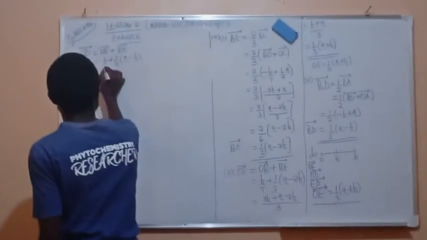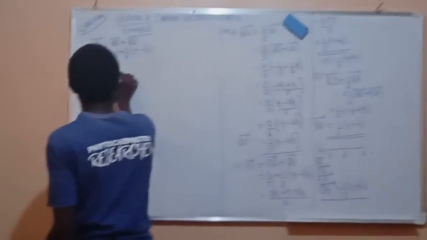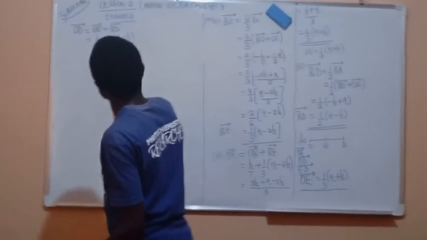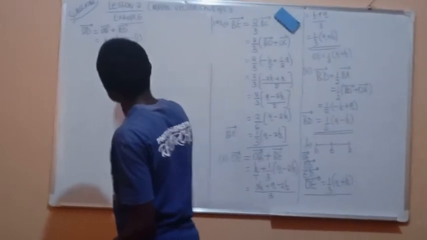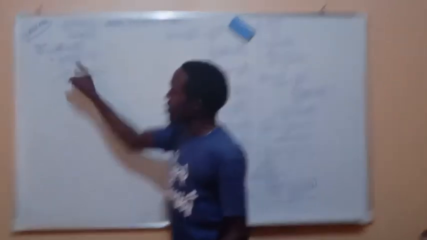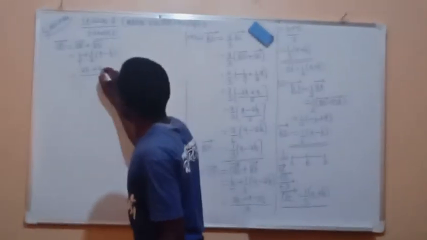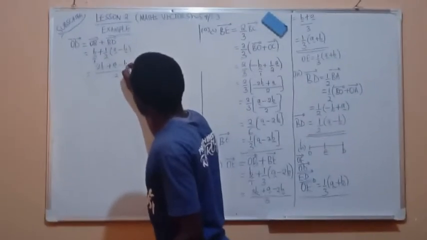Here I can take the LCM, which would be 2. 2 divided by 1 is 2 times B. It will give me 2B plus 2 divided by 2 is 1, 1 times the bracket A minus vector B.